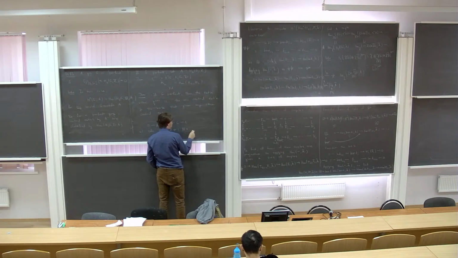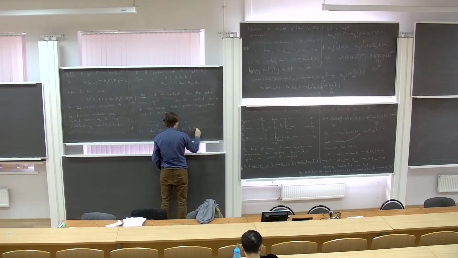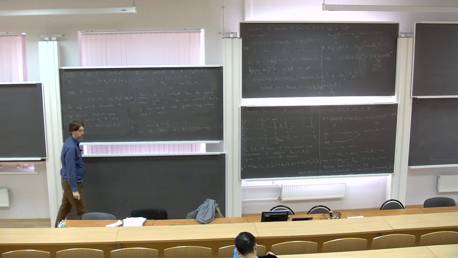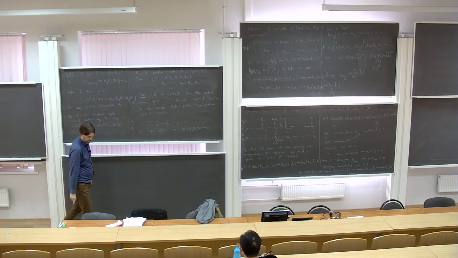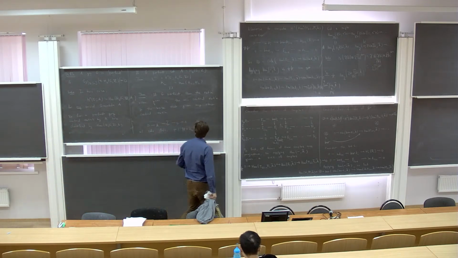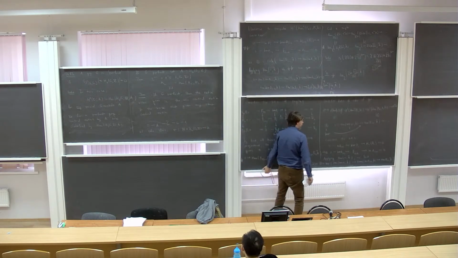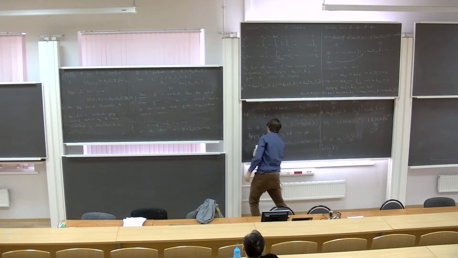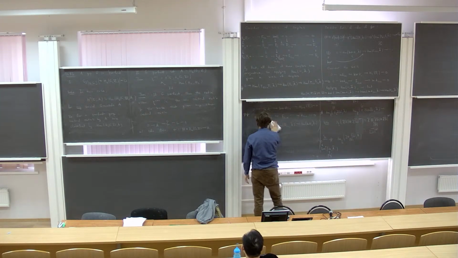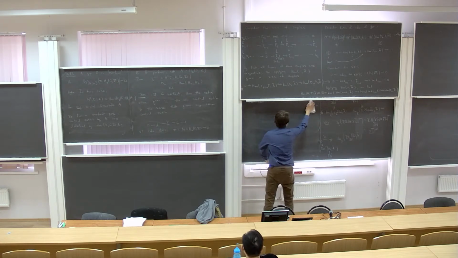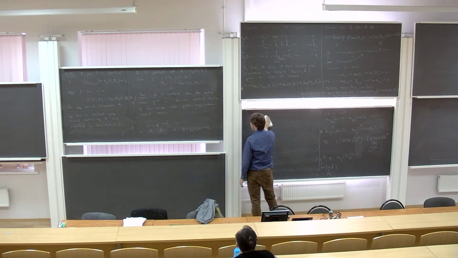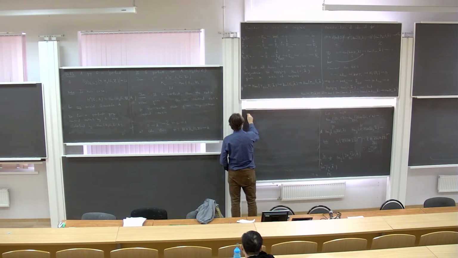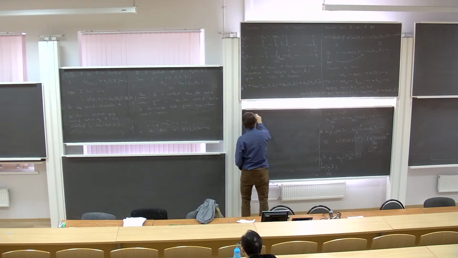So I'm going to call H2 just H. I can actually construct it from the universal one. So let me tell you how. Okay. So any other central extension like this is constructed from the universal one.